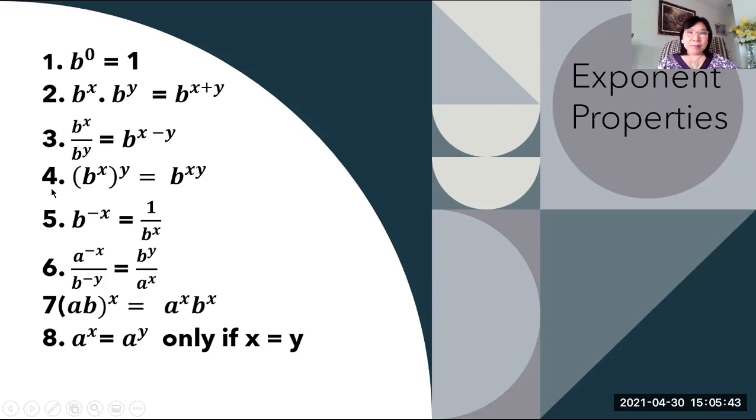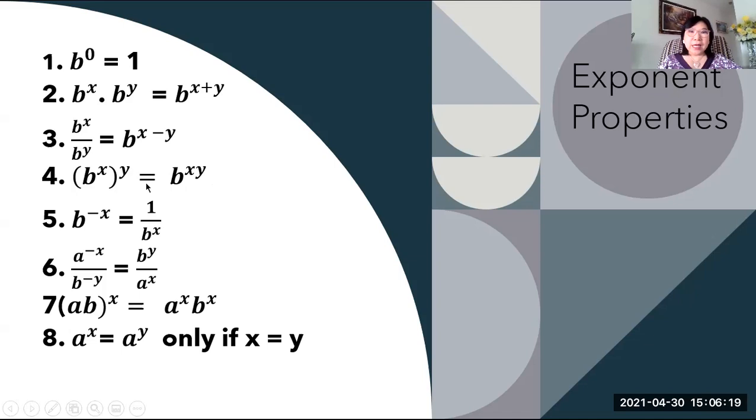So the next property we're talking about: if you have a base to the power x, and then you power it again by a power y, this property we call the double power property. In this case, instead of adding them like x plus y on top here, you distribute the outside power into the power inside the bracket.